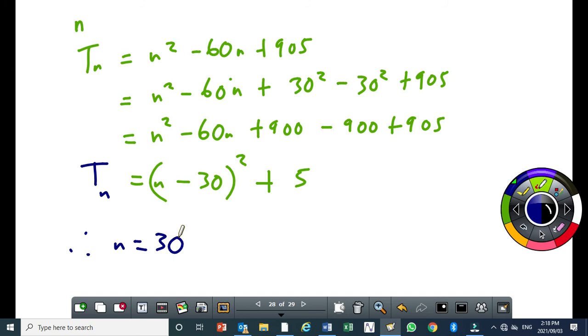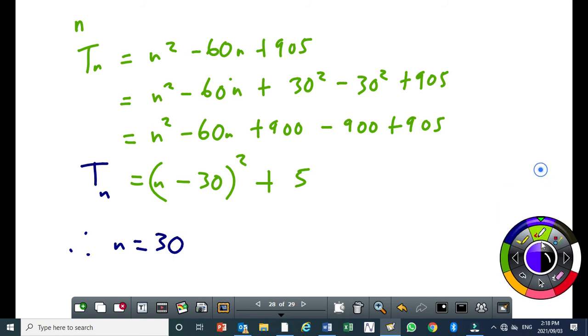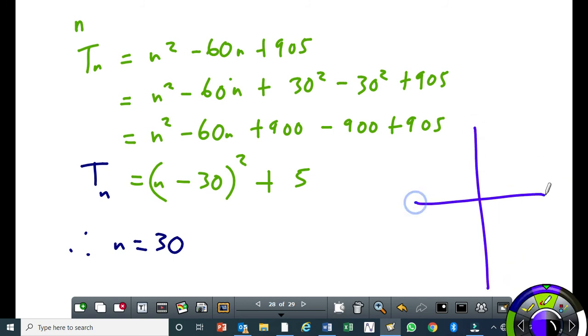But this is an indicator that at the turning point, y is going to be 5 and x is going to be 30. And it's going to have a minimum turning point. That's why the minimum, if it's a function, it's going to be 30.